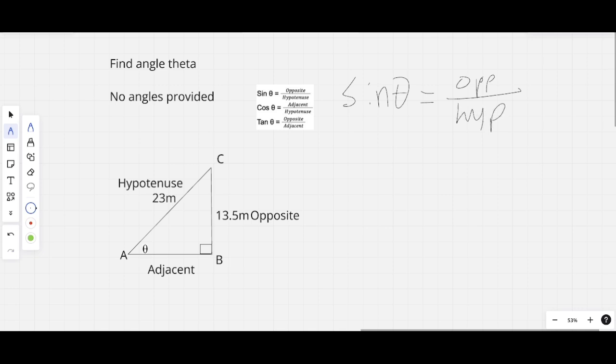Let's isolate for theta, which in this case we have to take the inverse of sine. So how does the inverse look like? Well, it's just simply sine minus 1 opposite divided by hypotenuse. Now let's plug in our numbers.